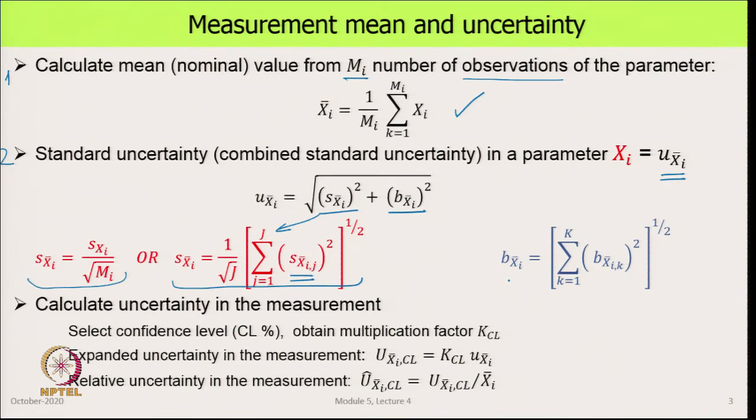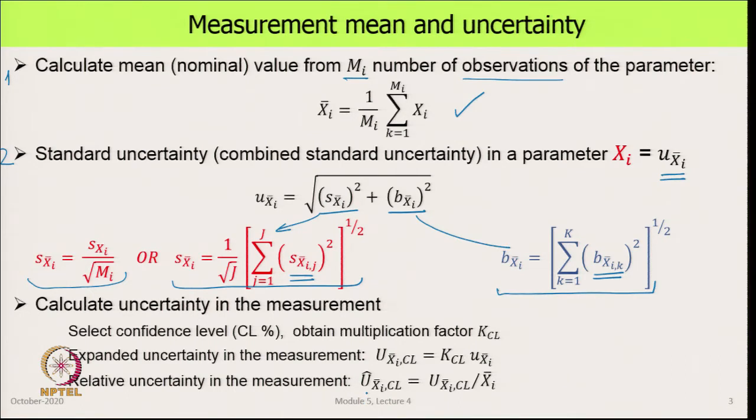For the systematic standard uncertainty, we have to identify every elemental source of systematic error, estimate the standard error associated with it, and then using this formula calculate B x_i bar.